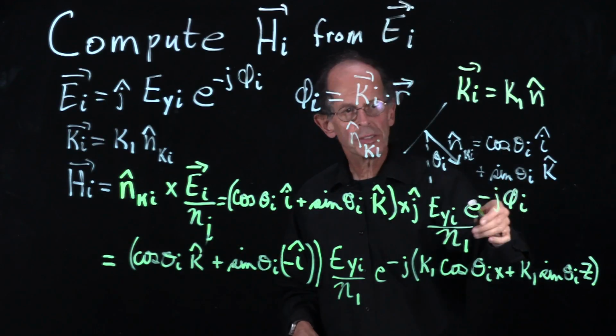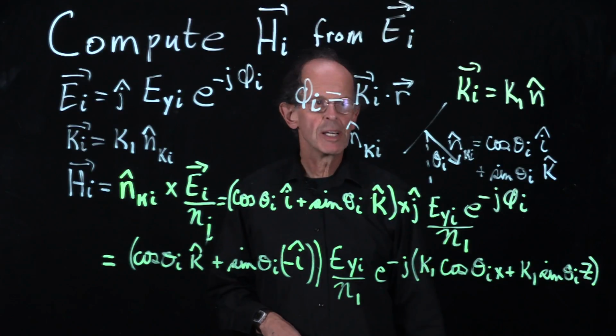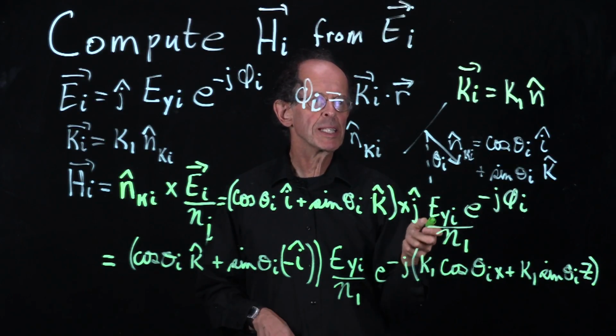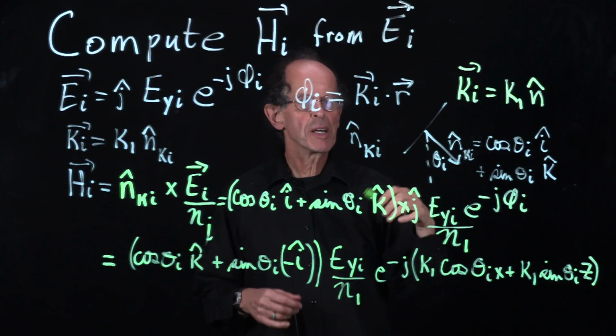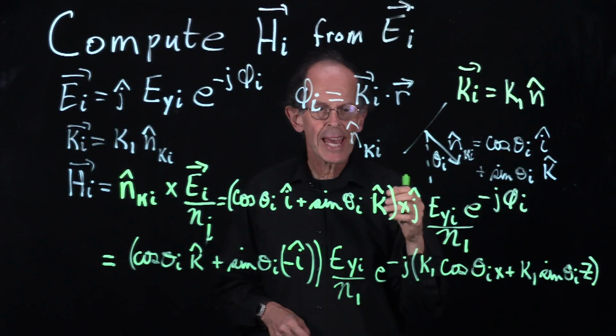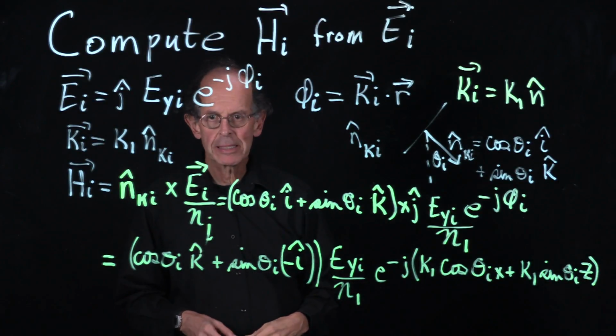Paying particular attention to the direction of n is extremely important in this. Remember, you're pointing in the directions always of increasing x and z, or some combination of decreasing, increasing. So you have to be sure that the sign that you pick for each of the components is correct.